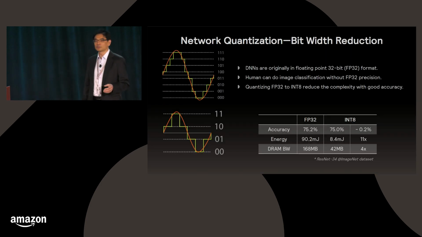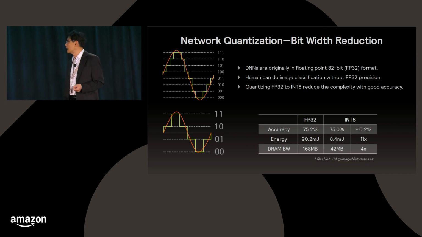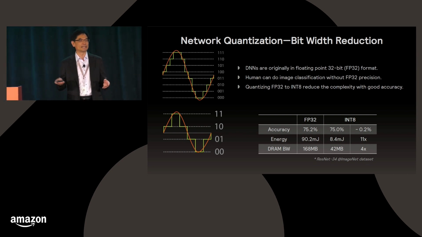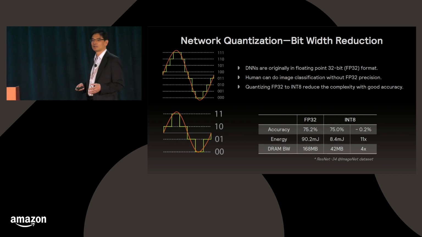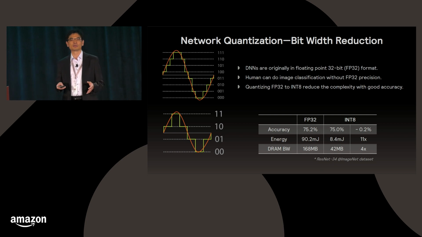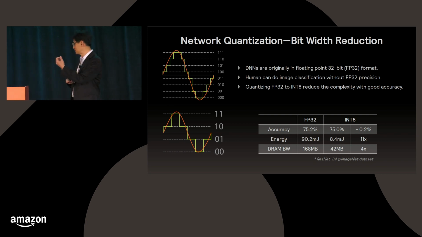Here we use another technique called network quantization, which is pretty well known in deep learning. The idea is that most deep learning algorithms are initially designed with a 32-bit data type. But actually, humans like us can do image segmentation, recognize objects, or estimate depth without floating-point 32-bit computation capability.